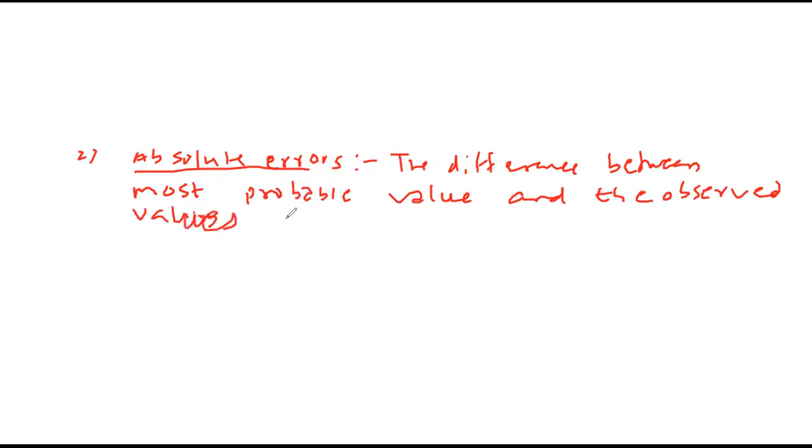The difference between the most probable value and the observed values is called as absolute error.